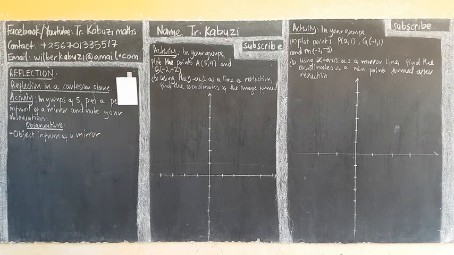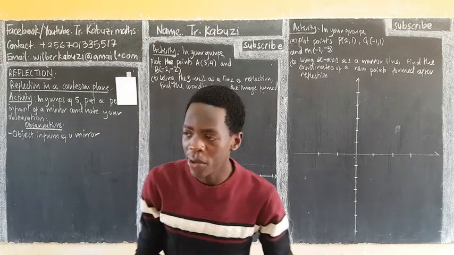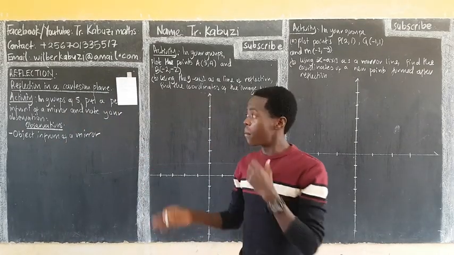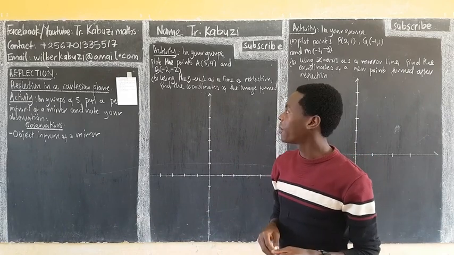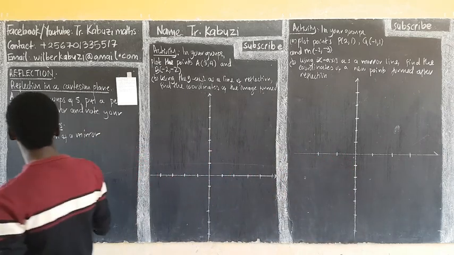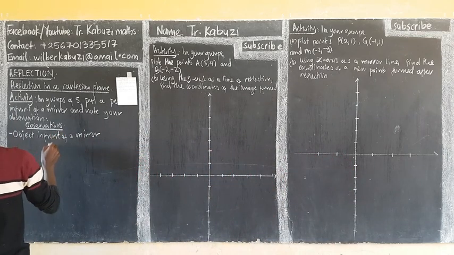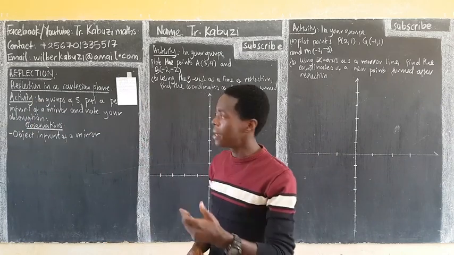The object was the pen, right? I'm just making notes from what you've given, but I'm going to improve some. Others we are going to take the way they are. So we saw that the object, the pen, was in front of the mirror.